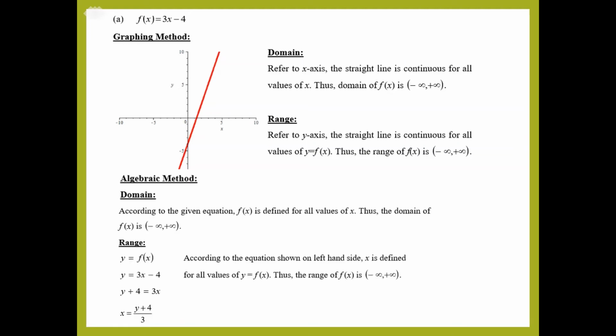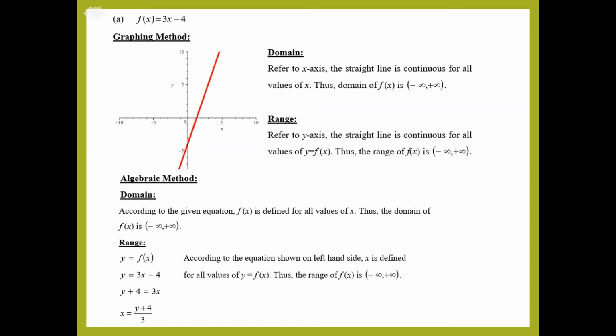By using the algebraic method, you need to check the values of x for the domain and the values of y for the range. Based on the given equation, you will notice that f(x) is defined for all x values. Therefore, the domain of f(x) is equal to negative infinity to positive infinity. Next, to find the range, you need to find x with respect to y.